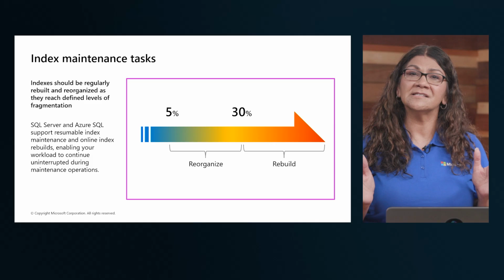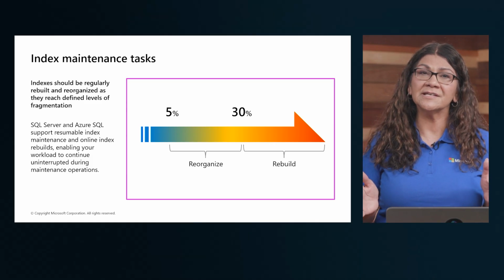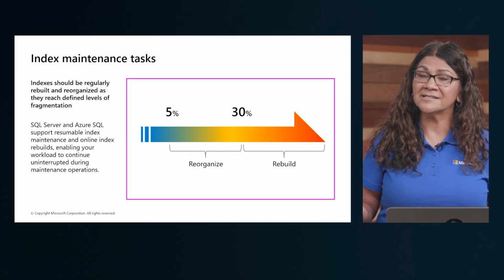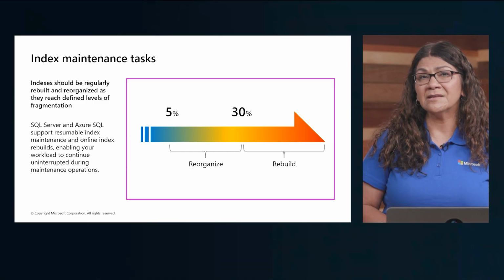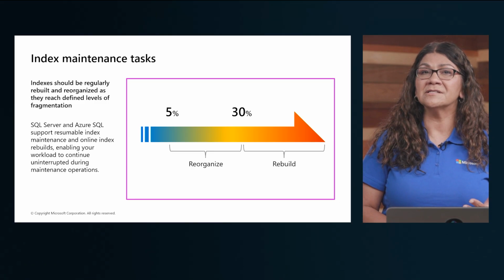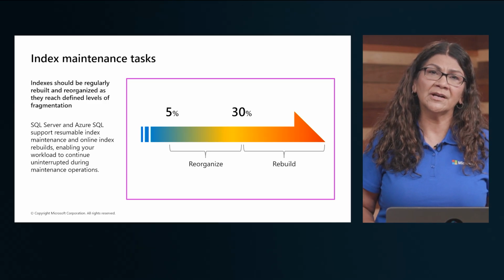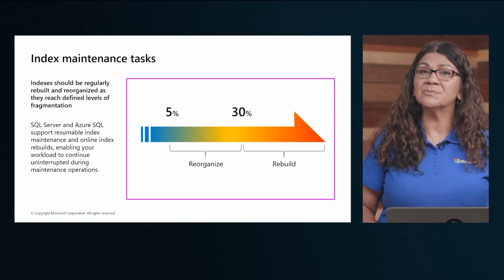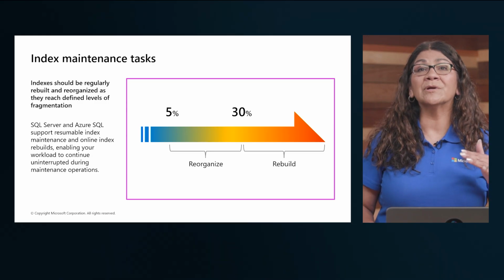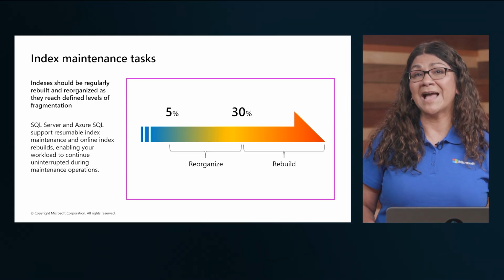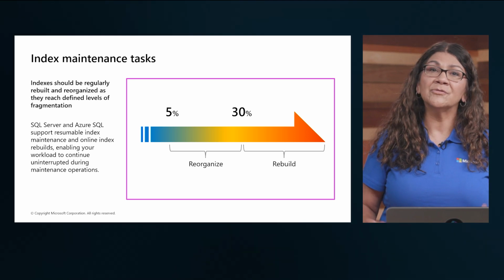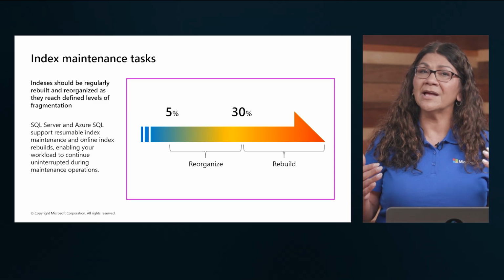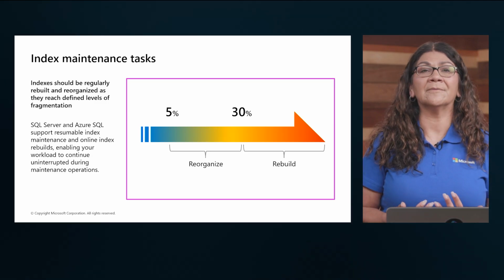SQL Server and Azure SQL support resumable and online index operations, allowing maintenance without disrupting workloads. Indexes should be reorganized when fragmentation exceeds 5% but is below 30%, and rebuilt when it surpasses 30%, though this guidance should be adapted based on workload and data volatility.